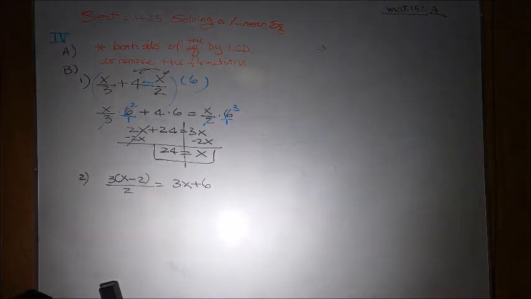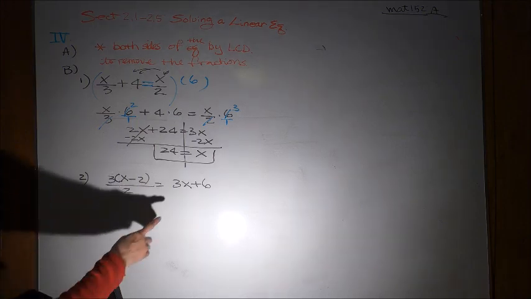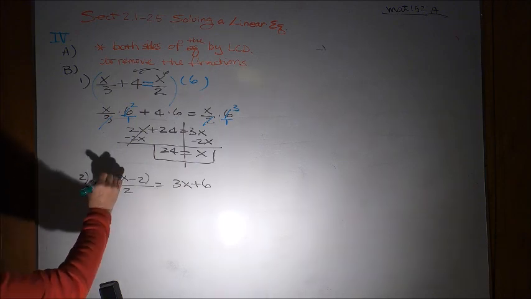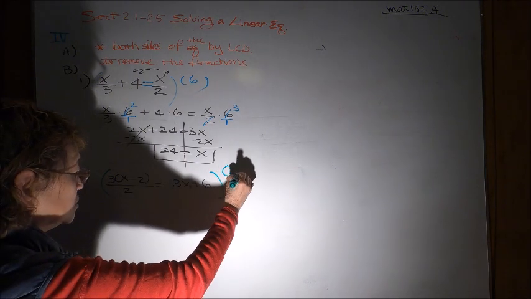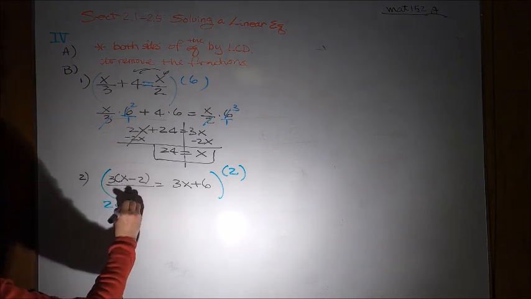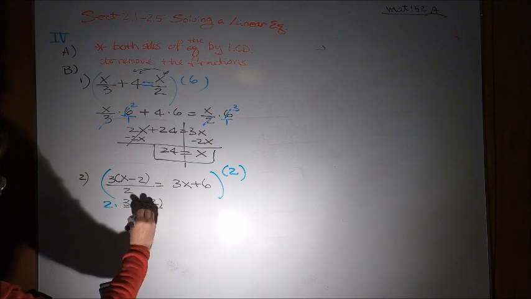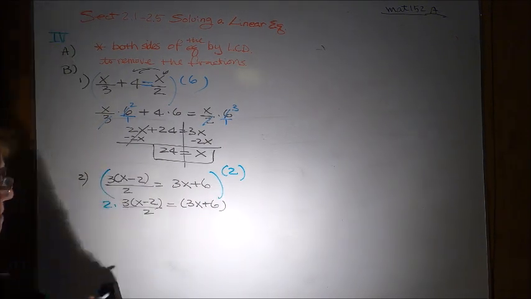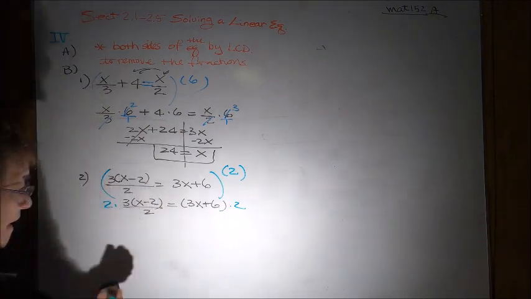So for both sides, you have what? 2, right? Fractions. This side, you don't have any. So what do we do? Multiply everything by 2. So on this side, when you multiply by 2, times this original one, and this side would be what? 3x plus 6 times 2 as well, right?